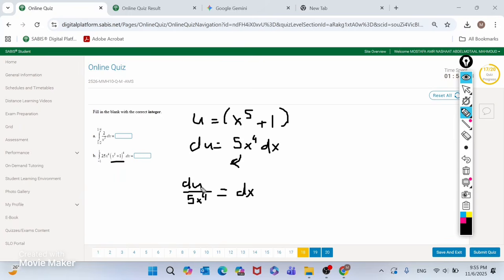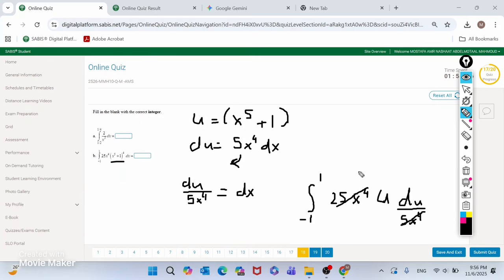Now you replace this in dx, so now you have the integral from -1 to 1, 25 x to the power of 4 u dx. But here instead of dx, you're just gonna put du over 5x to the power of 4. Now you cancel 5x to the power of 4 with 25x to the power of 4.